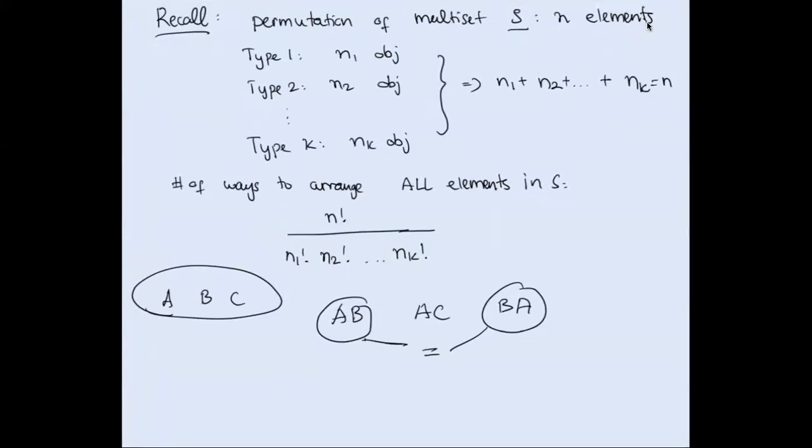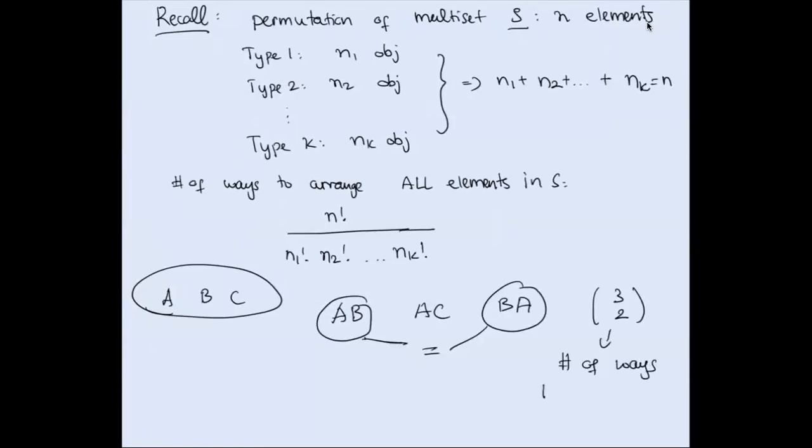So one way you can count the number of ways to choose 2 elements out of 3 is by the notation 3 choose 2. It denotes the number of ways that you can choose 2 elements out of 3, where the order doesn't matter.